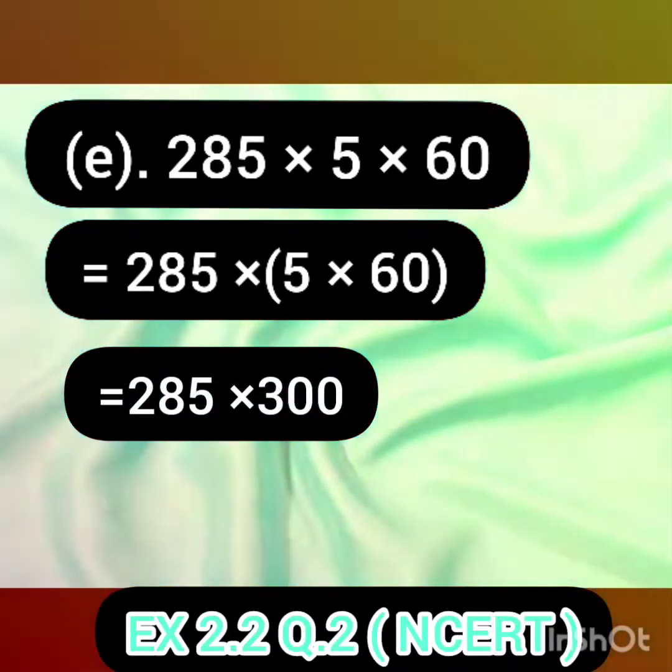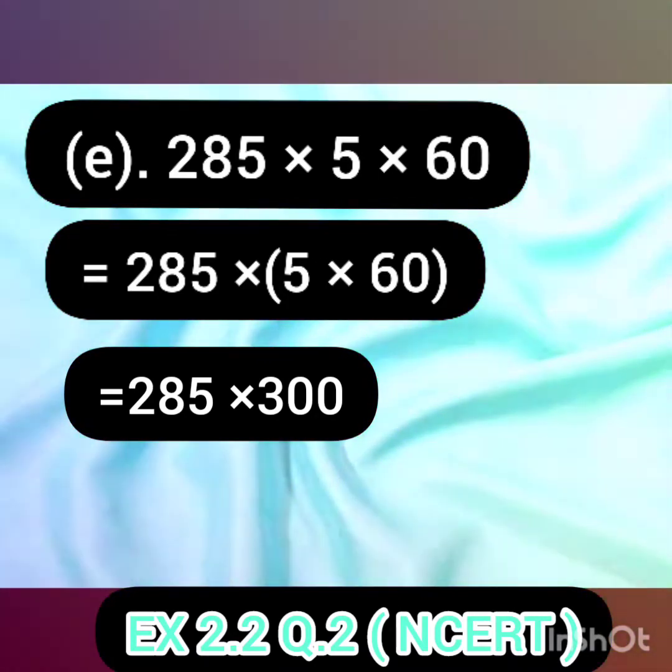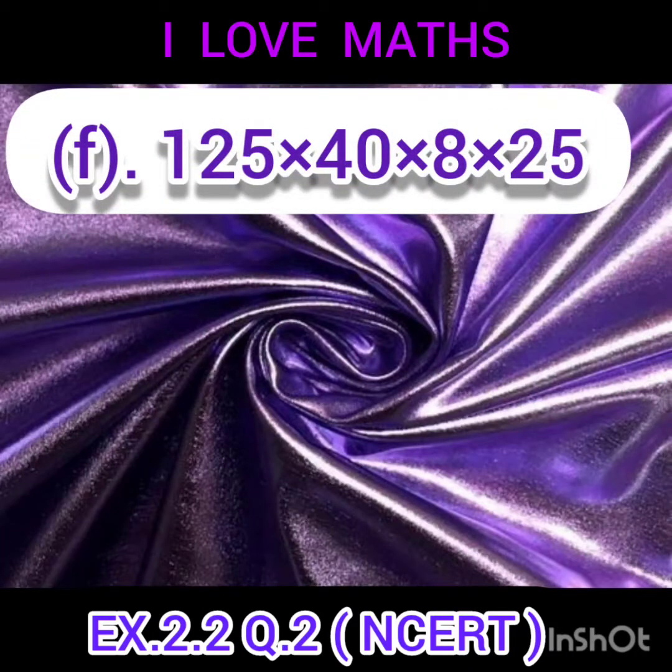The product of 5 with 60 gives the result 300. Now let's multiply 285 with 300. Therefore, the product of 285 with 300 gives the result 85,500.